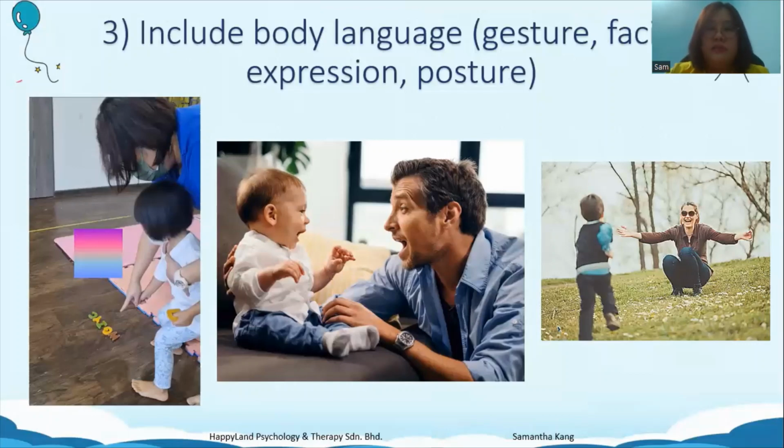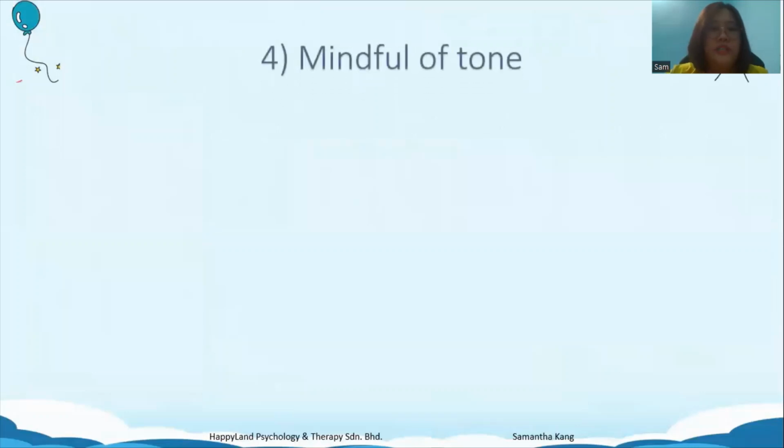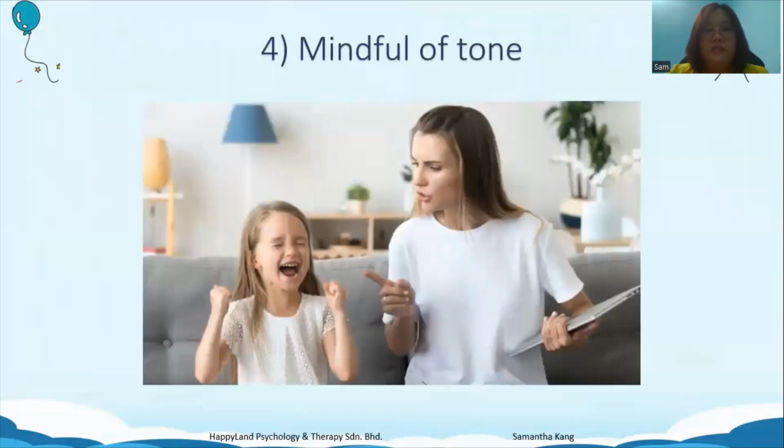And then we're going into the fourth strategy, which is to be mindful of the tone. Okay, our communicating tone. When we are speaking, we need to use the proper tone. Okay, for example, when we are greeting the other children or other parents, we say, oh, hi, like this, right?